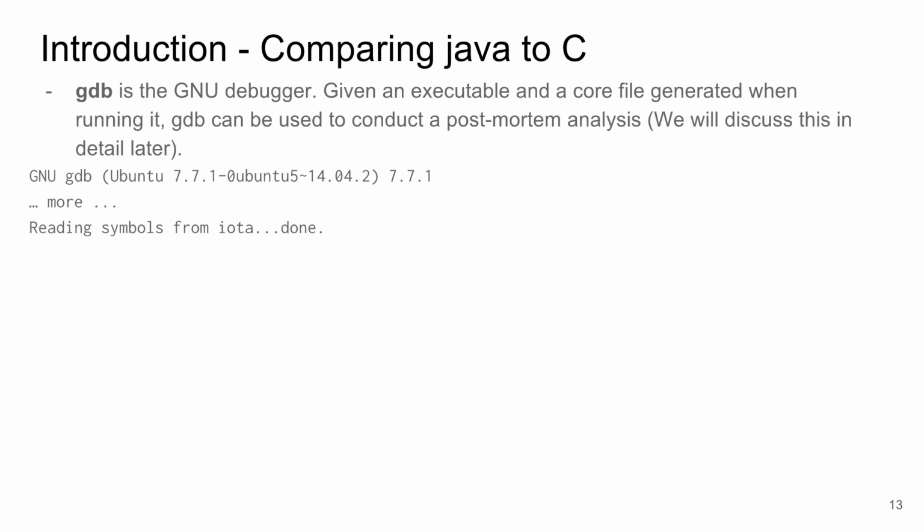So here's just an example of starting up GDB. A bunch of stuff gets printed out up here. Here it says reading symbols from IOTA, so this is just getting all the information out of the executable. And then it says the program terminated with the signal SIGSEGV, which stands for a segmentation fault.